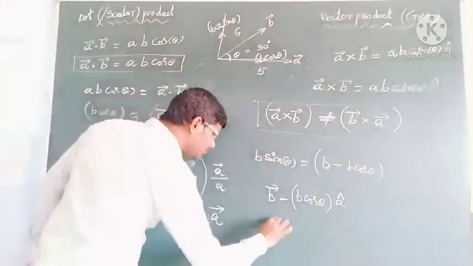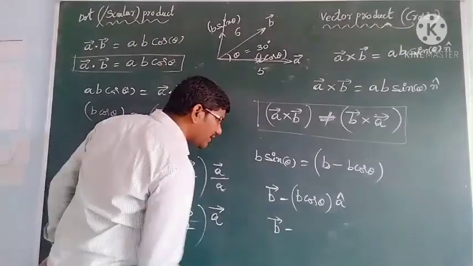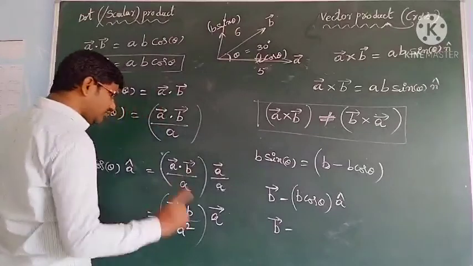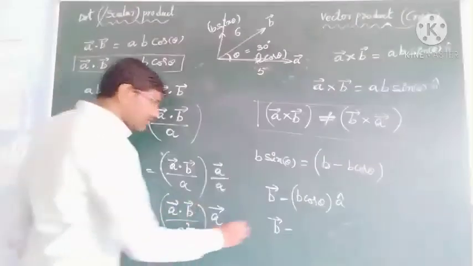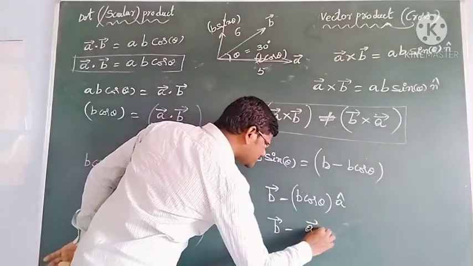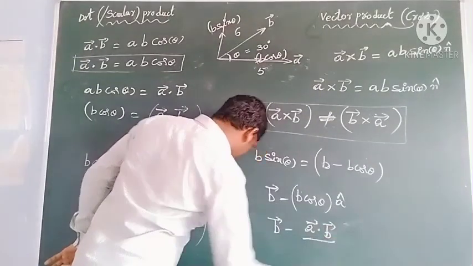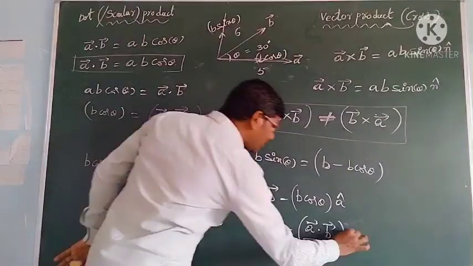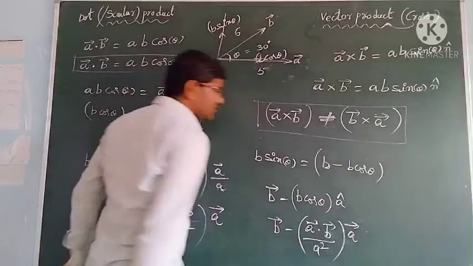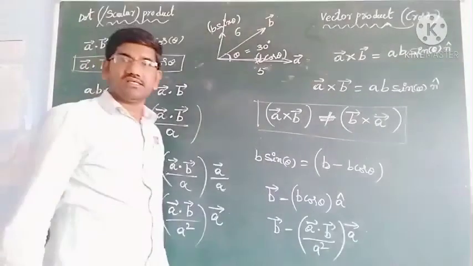So you can write B bar minus B cos theta into A cap, that is A bar dot B bar by A square into A bar. Okay, like this we can calculate.